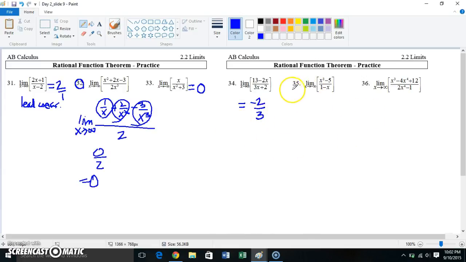Okay, 35. The degree of the numerator is bigger than the degree of the denominator. Also, note we're going to negative infinity. Let's see, what if I divide everything by x? I'll get x squared minus 5 over x, 1 over x minus 1.